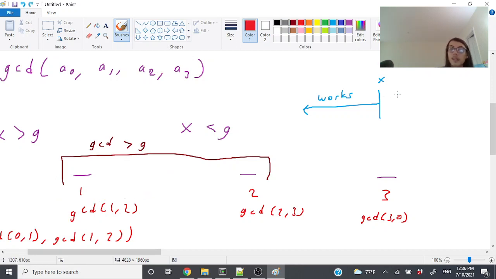And say we know the answer cannot be y, for example, then we know this doesn't work because as you stick on more elements, the GCD can only decrease. So if we find the x where everything before x works and everything after x doesn't work, then everything's cool. And we can binary search on this.